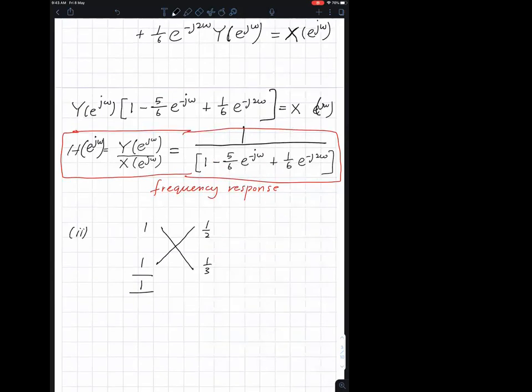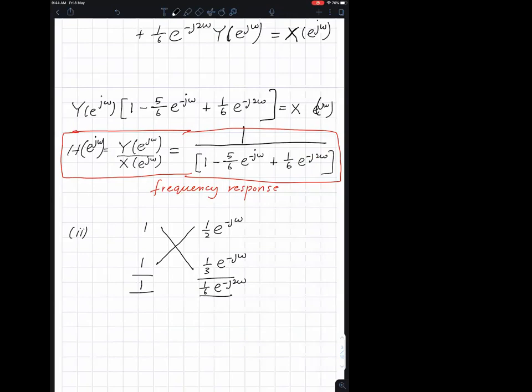But what times what gives you e to the minus... Now what times what gives me this part here? That is easy, isn't it? e to the j omega multiplied by e to the j omega will give you e to the minus j2 omega. So if you multiply them out, you can get 1 over 6 e to the minus j2 omega.